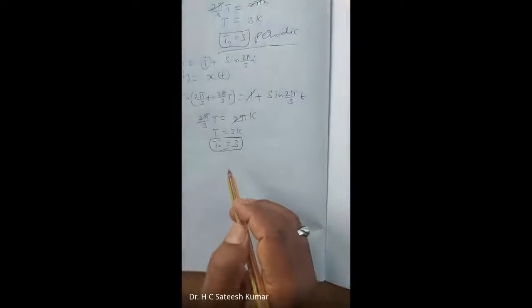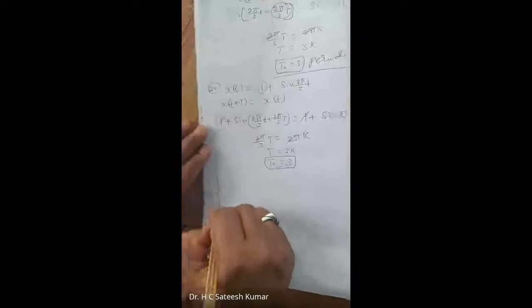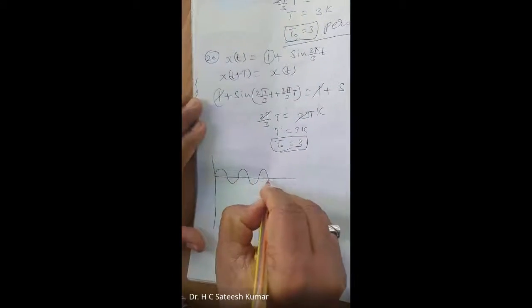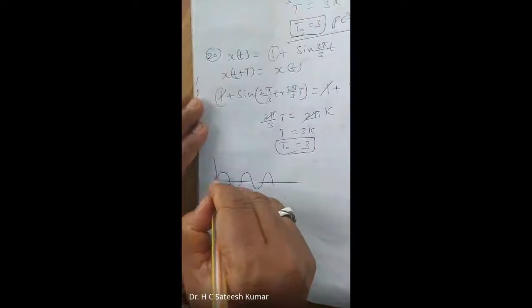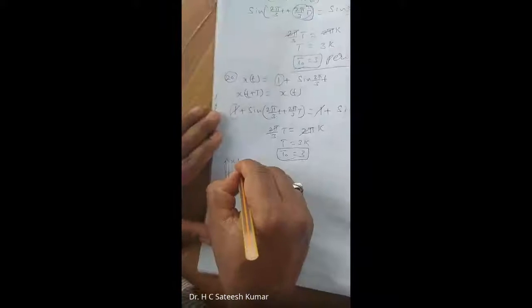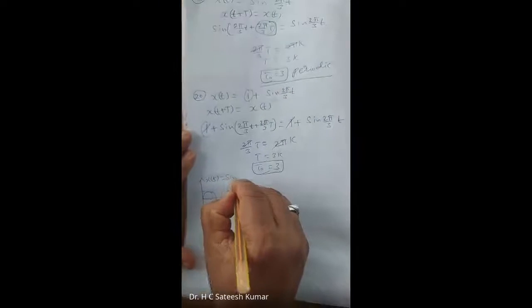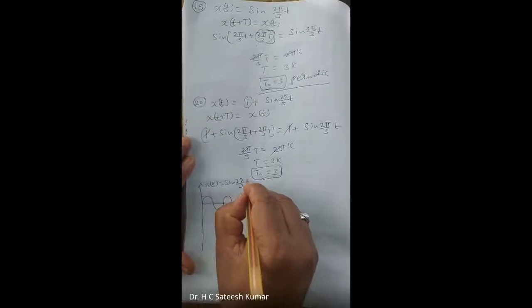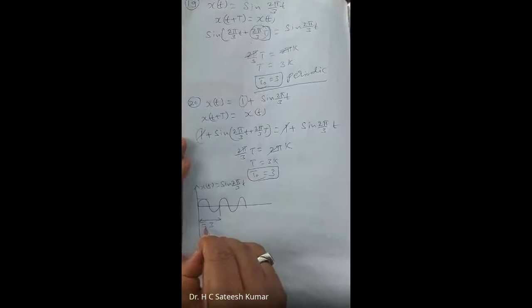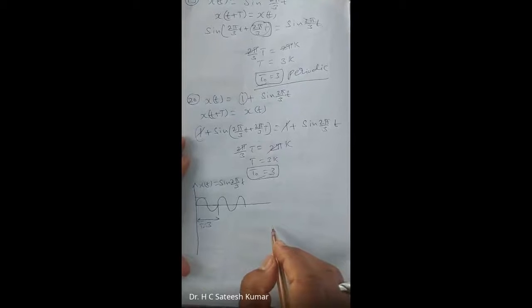I'll show you how exactly the addition works. Let us have a signal like this. Let us say x of t is equal to sine of 2 pi by 3t. The period, as we have calculated, is T naught, which is 3.